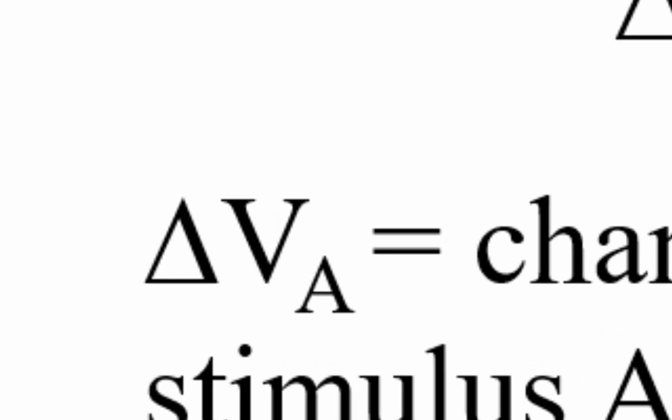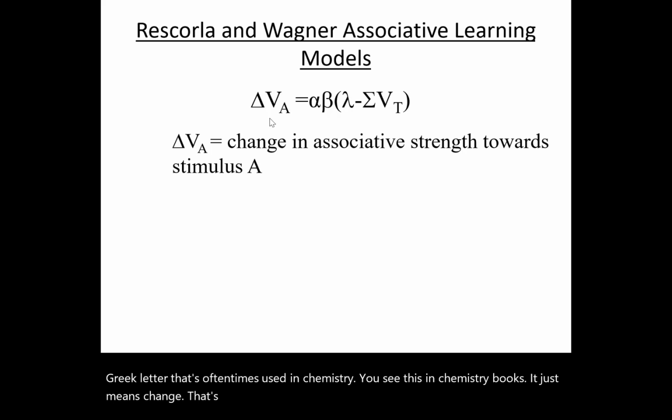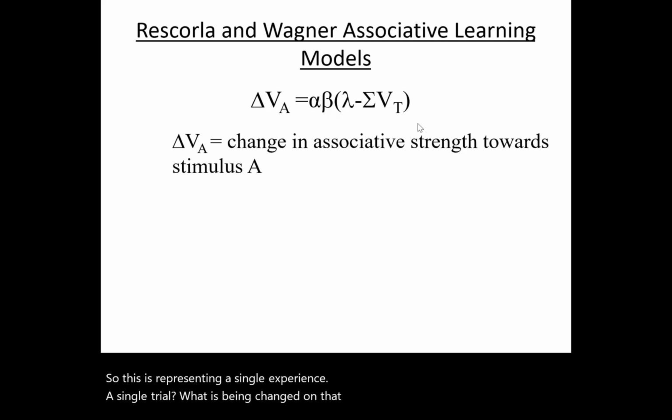Delta is a Greek letter that's oftentimes used in chemistry. You see this in chemistry books. It just means change. That's all it does. So this is representing a single experience, a single trial. What is being changed on that trial? Let me give you an example.